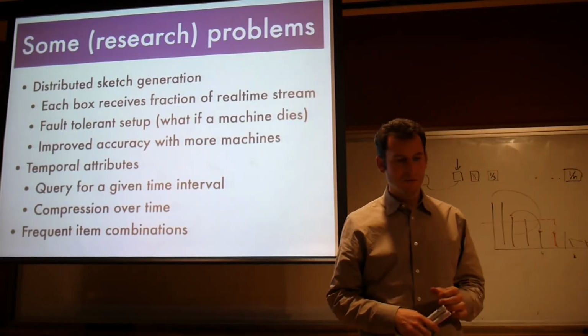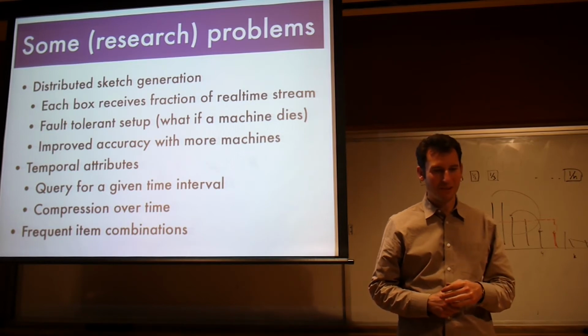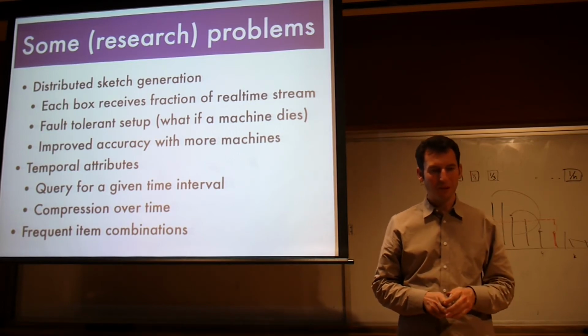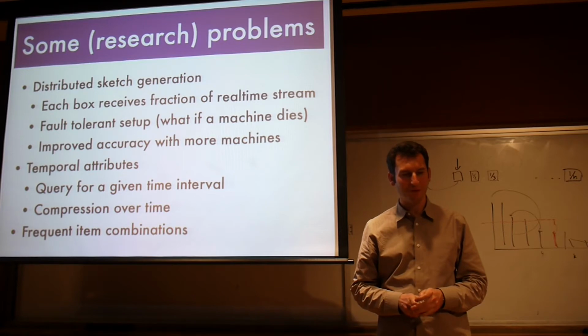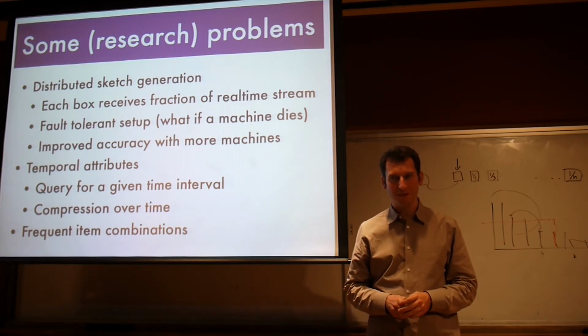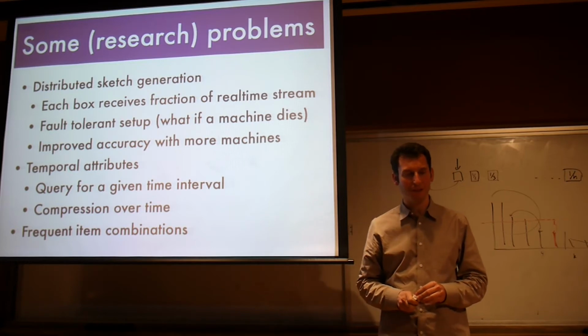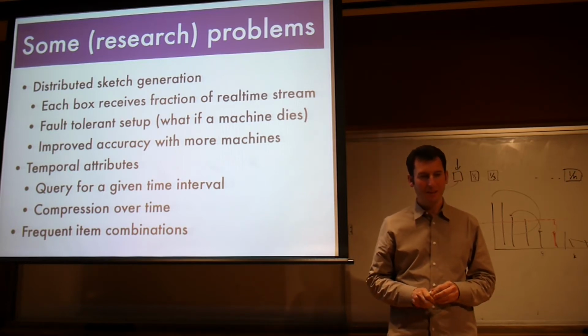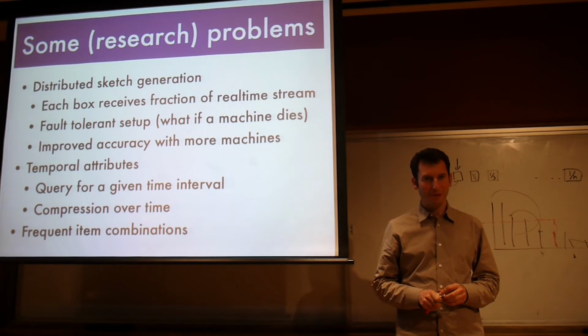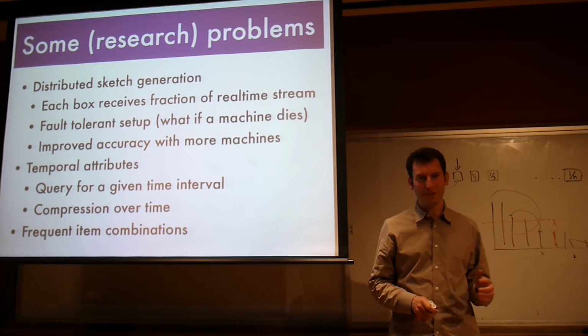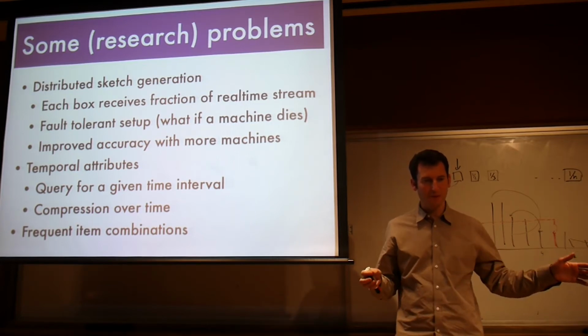Now, a few interesting research questions in this context. One is, I want to be able to generate sketches in a distributed fashion. And these are open research questions, some of them. Some of them we're working on right now and have probably a decent solution. But basically, what you want to make sure is, let's say, each machine gets a sliver of the entire data stream.